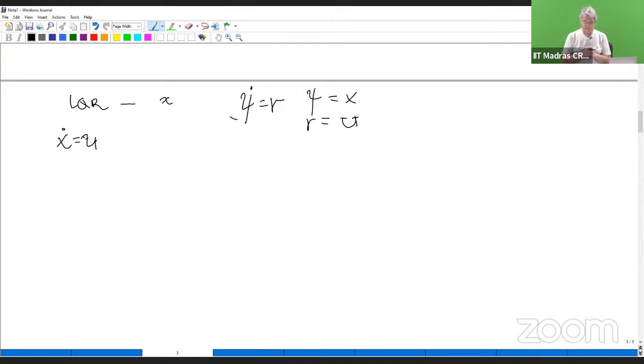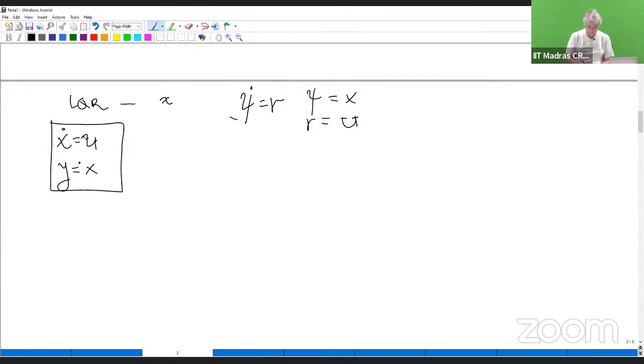And what is it that I am interested in? I'm interested in the variable X. Why am I writing it in this manner? Because when people study filtering theory, they like to write in the form X dot equals something and then Y equal to something. And this Y is related to the state variables.